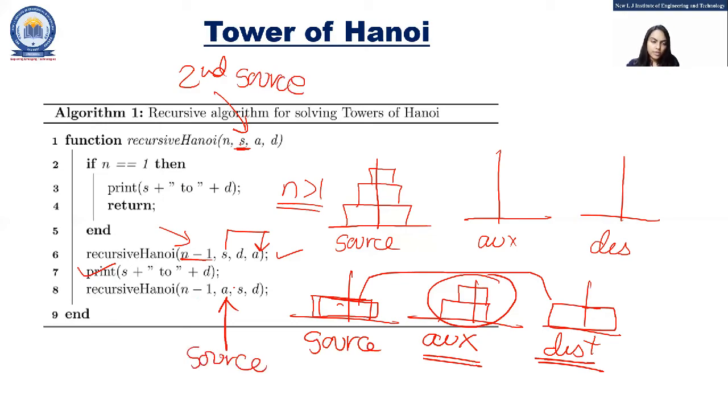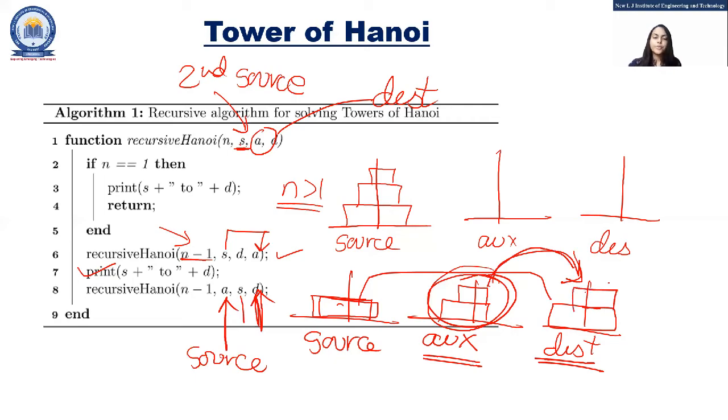So A works as a source. So auxiliary has the elements that have to be transferred to destination. Fourth one is destination. In our scenario, destination is D, and we can make use of the auxiliary array, and in this situation the auxiliary array is the S, right? So now the remaining elements are also transferred.